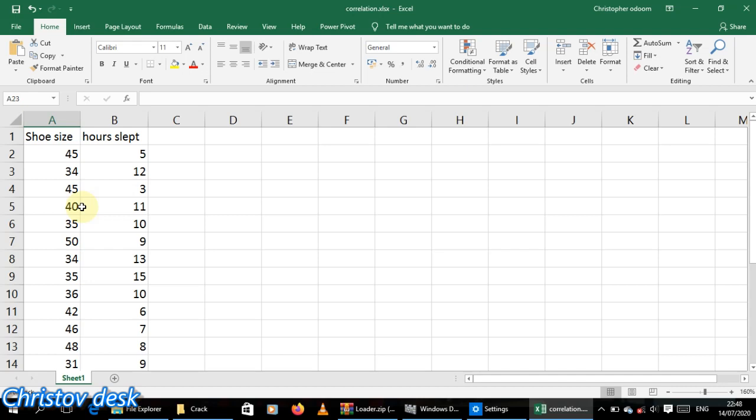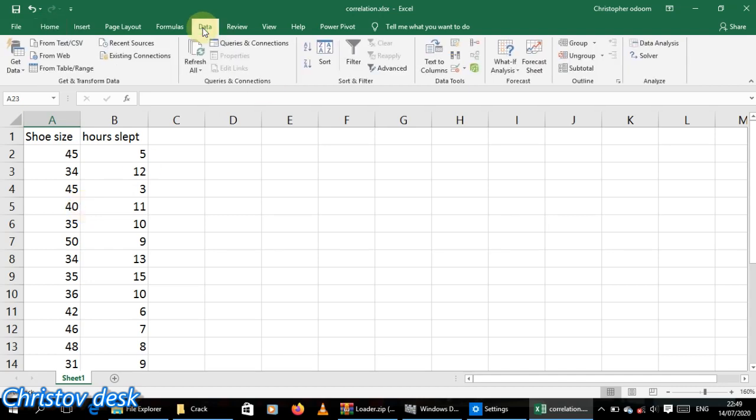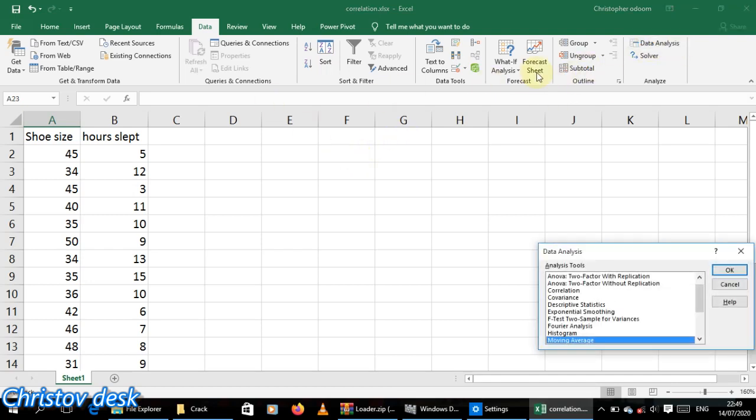The quick way to do that is to go to the Data tab, where you see the Data Analysis tool pack. When you click on Data Analysis, we get this.